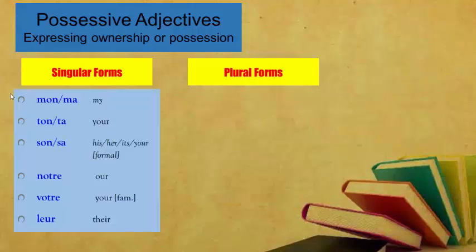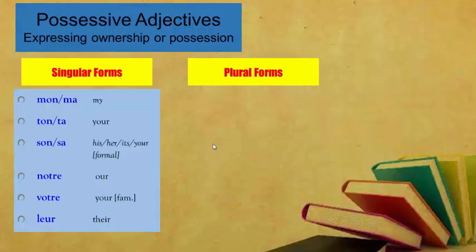Let's start with the word my in English. Mon pour le masculin, ma pour le féminin, your, ton, ta, his or her or its, son, sa, notre, our, votre, your, leur, their.